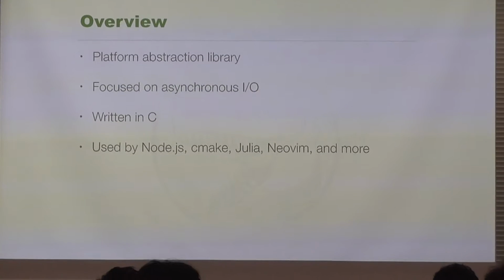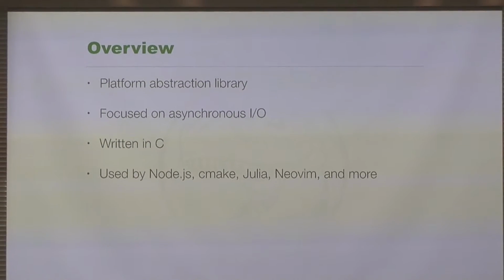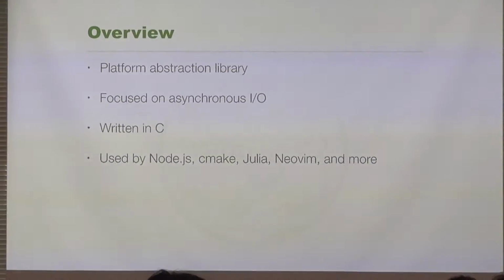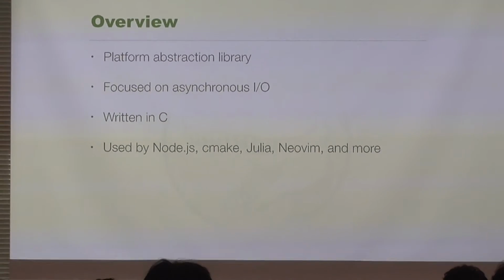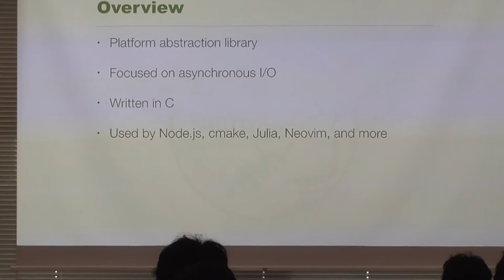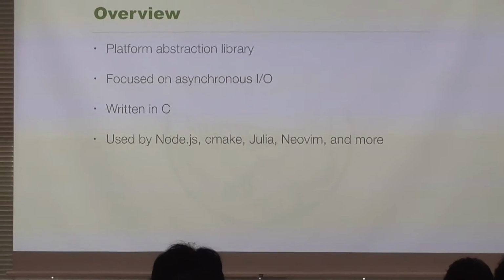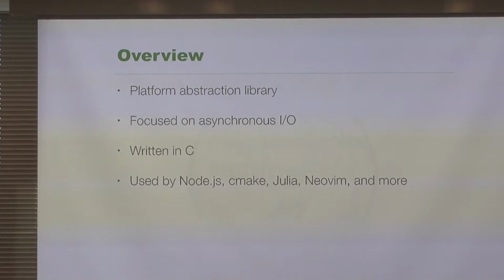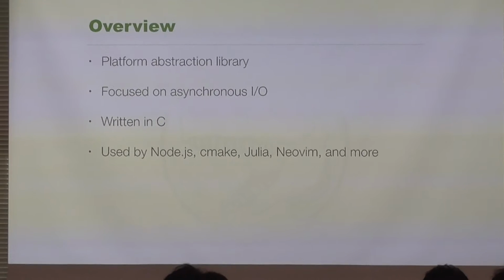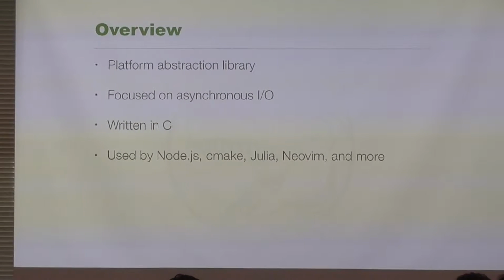So, libuv is a platform abstraction library that's used by Node.js. It's mostly focused on asynchronous I/O. It is written in just very basic vanilla C, so it's very portable across a lot of platforms. And it allows you to access a lot of lower level things that JavaScript as a language doesn't really provide APIs for.